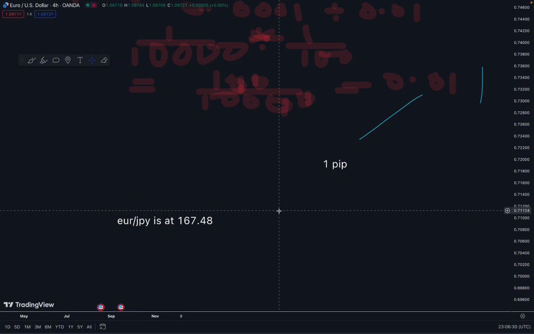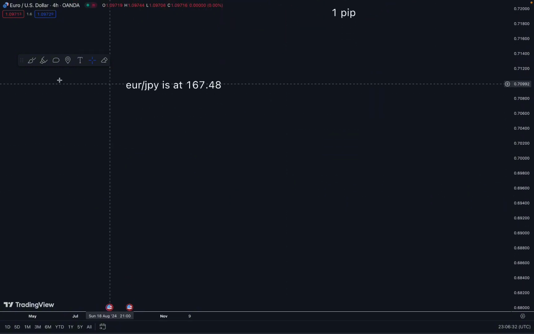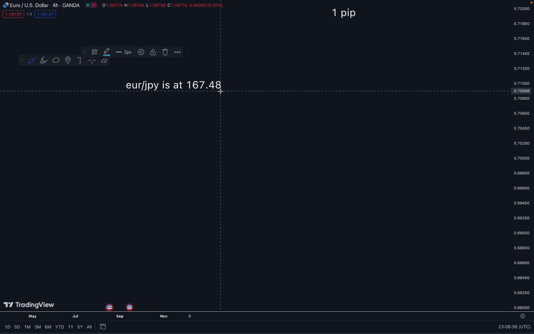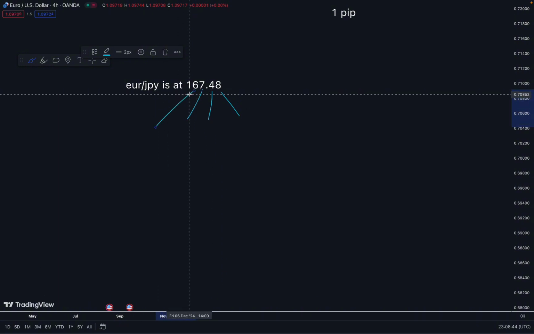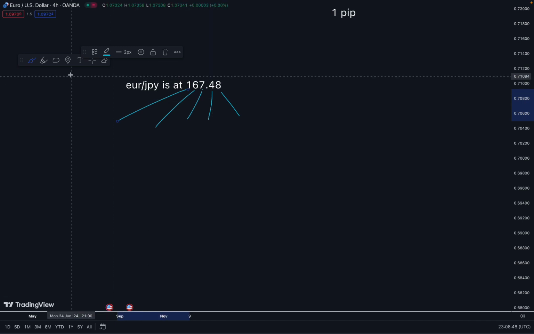Before we calculate the pip movement, this 8 is our ones, this is our tens, this is our hundreds, this is our thousands, and so on.